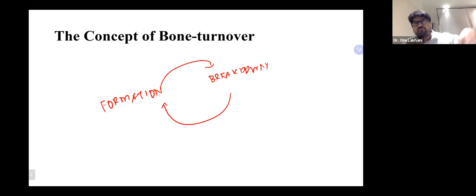So you have the bone formation, which then activates the bone breakdown, which further activates the bone formation. So this is a complete cycle, right? Now, just like any cycle, no cycle is perfect. There is no cycle which is absolutely perfect in its system. And that's the nature of what is known as entropy.